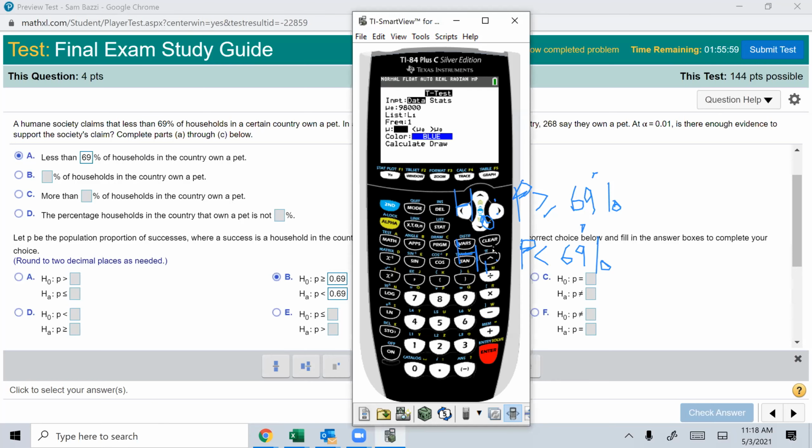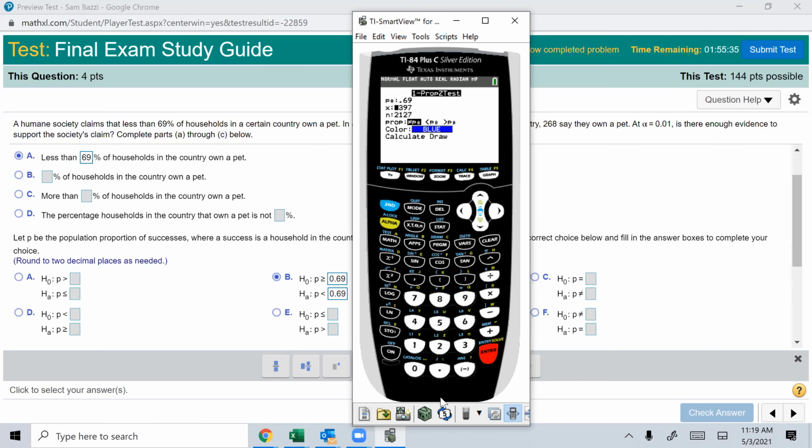So you go to stat, and it is a one prop Z test. A very easy test. It doesn't require much input. You will see. Okay, you're testing against 0.69. Just put it there.